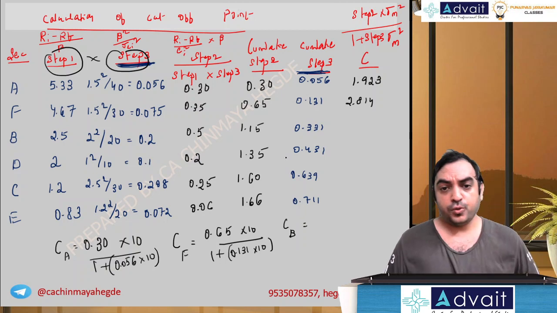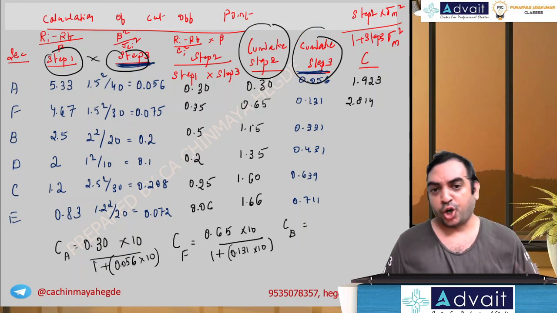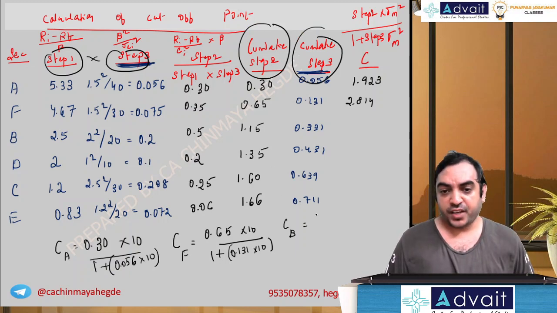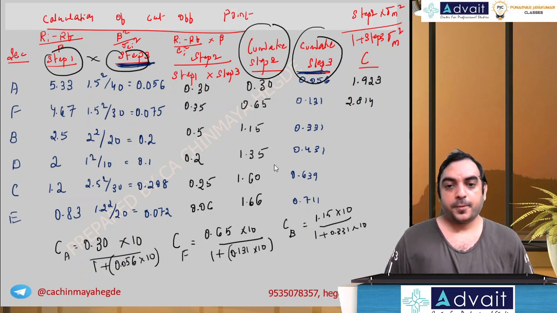Numerator should be step 2. Step 2 is what we have in the immediate previous column. Here we have to use only these cumulative columns. That is 1.15 into 10 divided by 1 plus 0.331 into 10. That is for the third, that is for CB. So clear the calculator memory again, then start fresh.